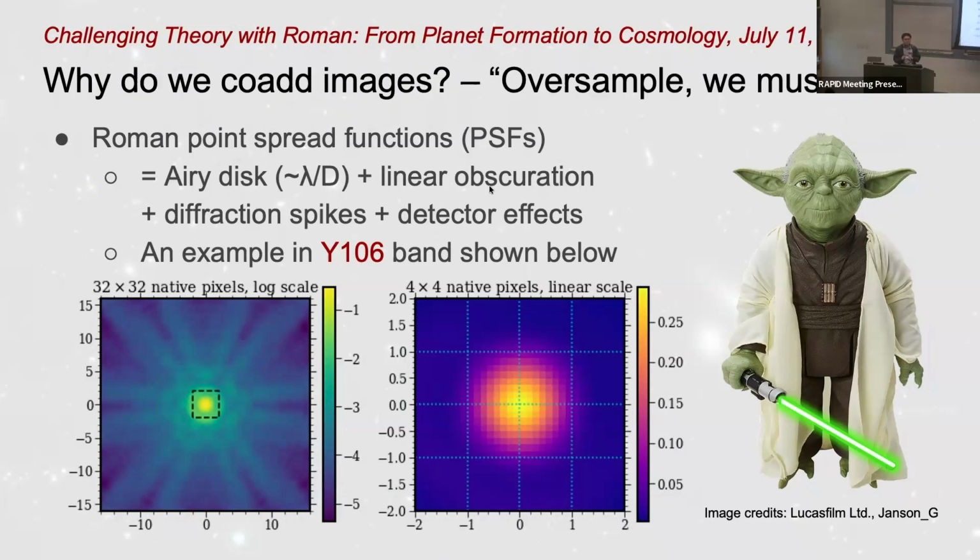Therefore, we say that the Roman point spread functions are undersampled. If we ask Max Yuda, he would say, oversample we must if we want to do precision measurements. With undersampled point spread functions, if we do operations like interpolations, then we get all sorts of weird things.